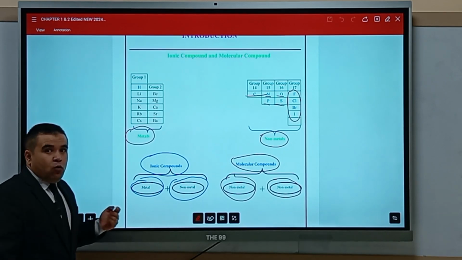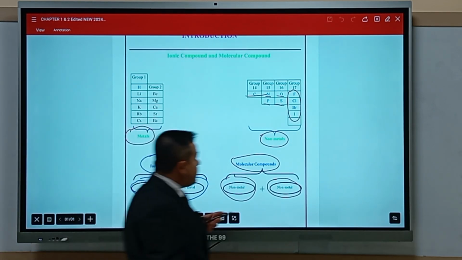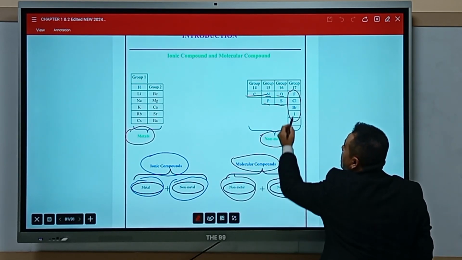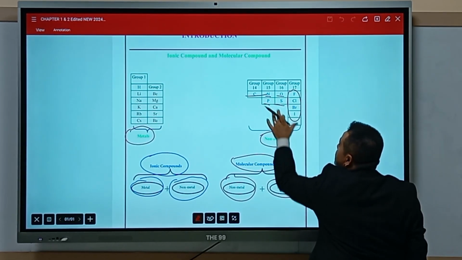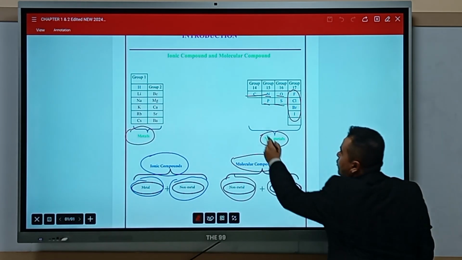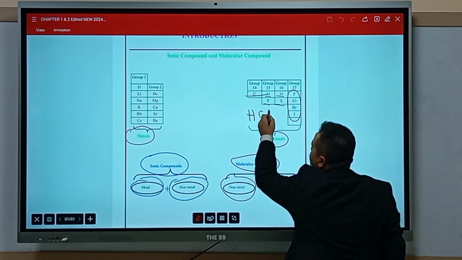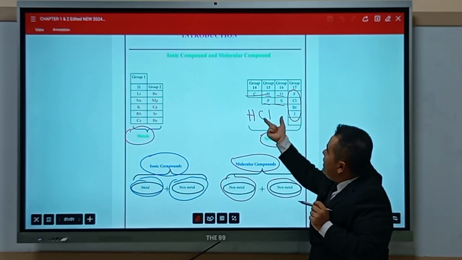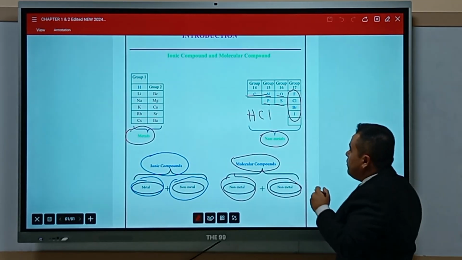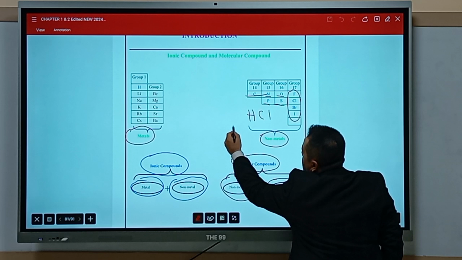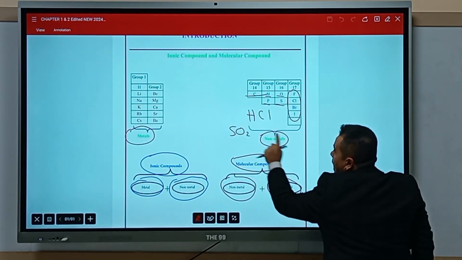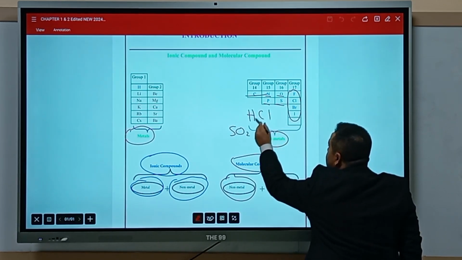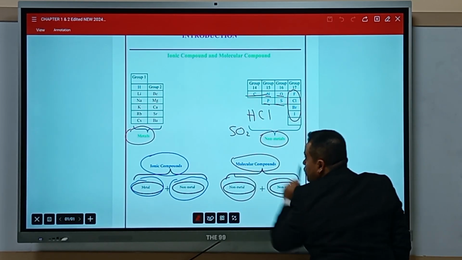Guys, whenever there is a combination or a formation of a bond between two of these nonmetals, like for example HCl, so H is a nonmetal and Cl as well is a nonmetal, or SO2, S is a nonmetal and oxygen is a nonmetal, the type of compound becomes molecular.